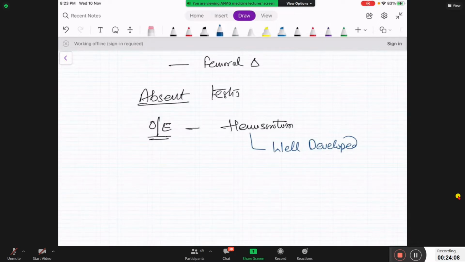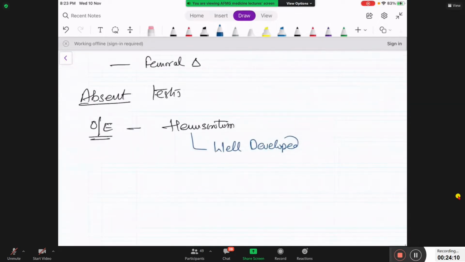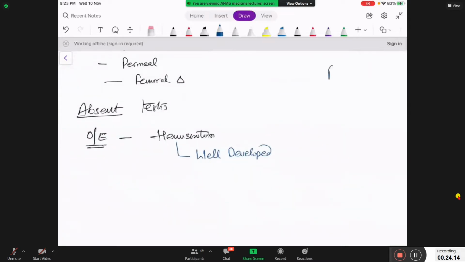Now, one more important thing. There is a condition, please be very careful about this in clinical scenario questions, called retractile testis. What is retractile testis? In some of the patients, the cremasteric muscles are hyperactive.